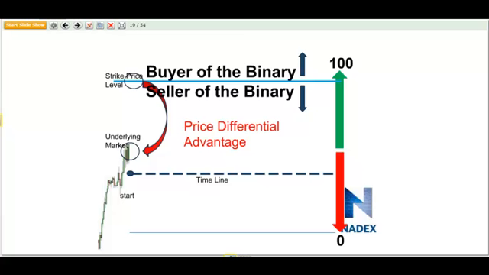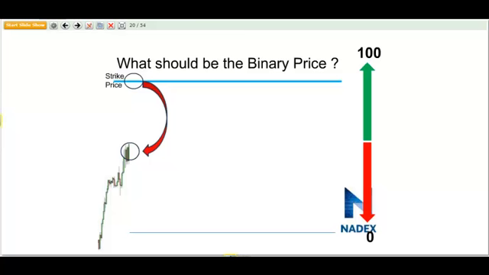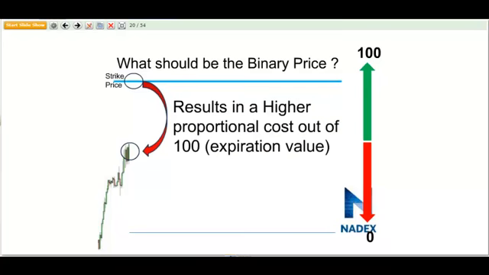When we put it on, you may have the advantage, and as we probably all know, you have to pay for that advantage. But how's it going to finish at expiry? That's the big question. So what should the binary price be? Here's the strike, here's this price differential. The seller's advantage has value, so there's a trade-off. This value means you're going to end up putting a higher proportion out of the 100. You're paying for that advantage.